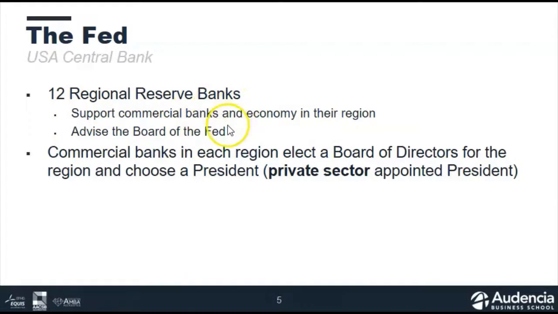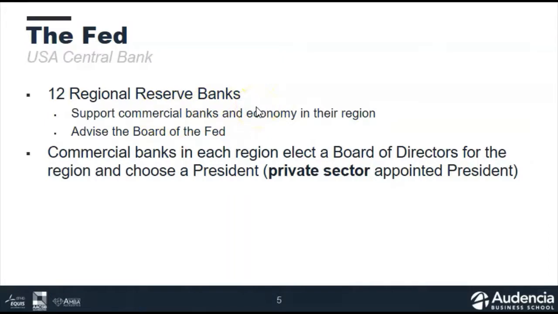Now, what's interesting about these regional reserve banks is that each of these banks has a board of directors, and they choose a president. And these people are all named by the private sector. So the private sector appoints the president of these regional reserve banks.